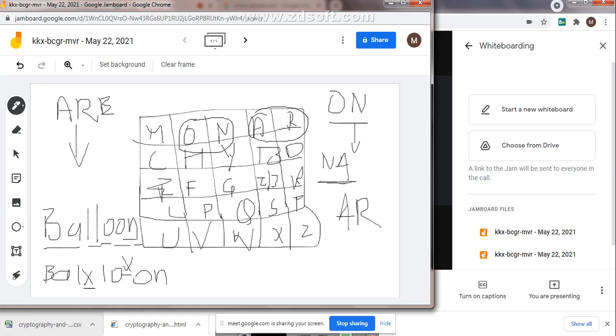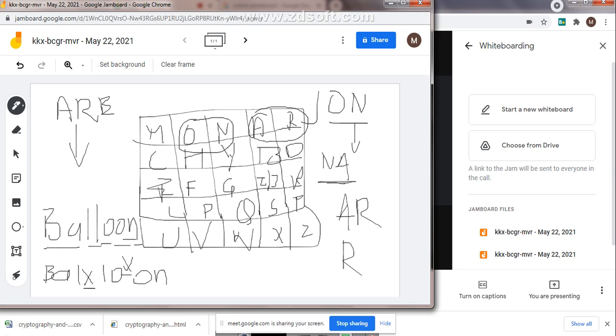What does the second rule indicate? In the plain text, whatever characters are there, if they are in the same row, then each is replaced by the letter which is present right of that letter. Now for example, I'll consider the plain text containing the characters AR. A and R are again both present in the same row.